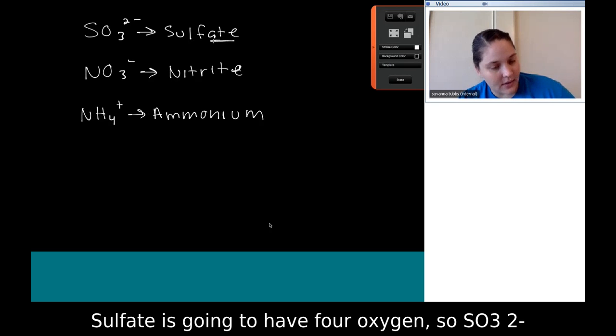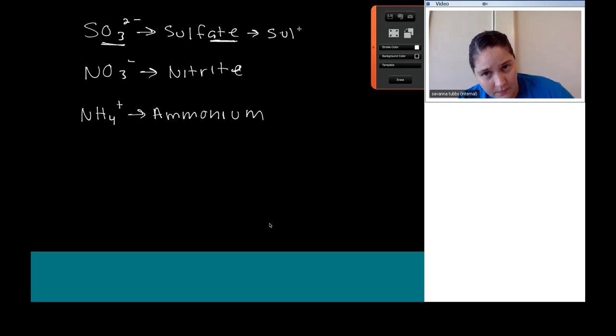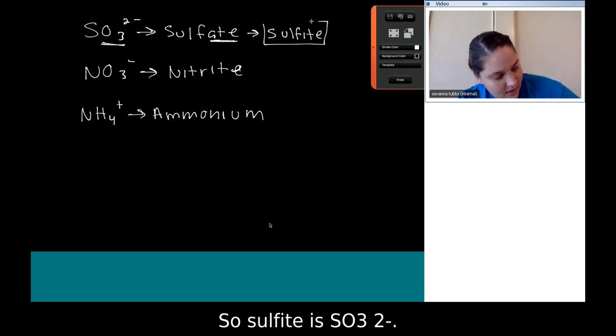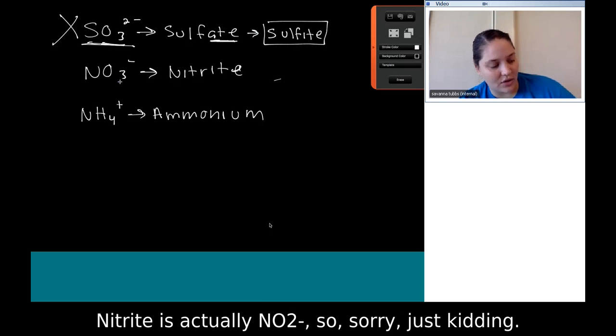Sulfate is going to have 4 oxygen. So SO3 2- is going to be sulfite. So we know this one is not correct. Nitrite is actually NO2-.